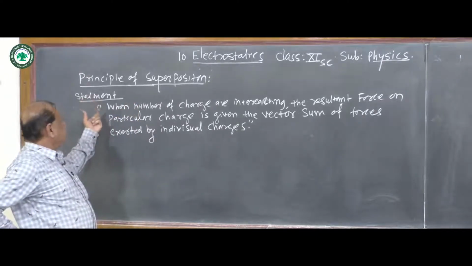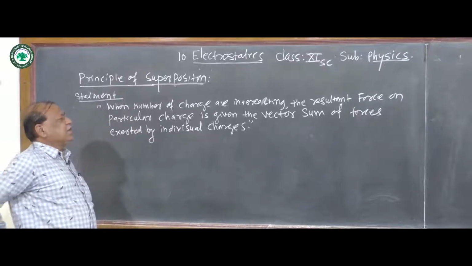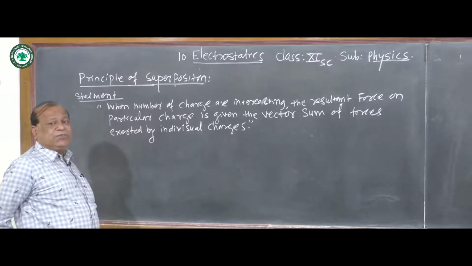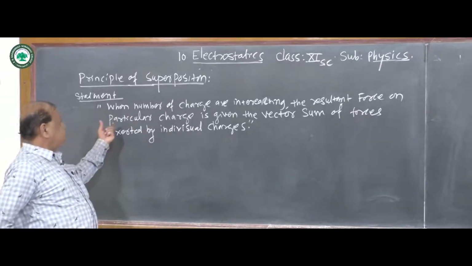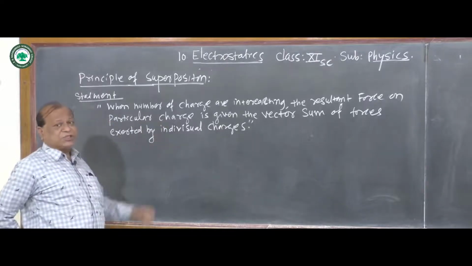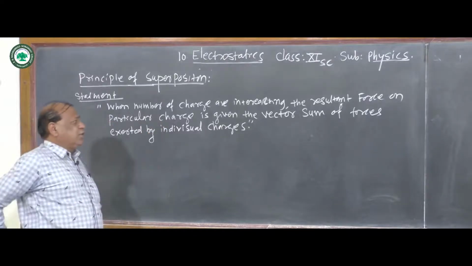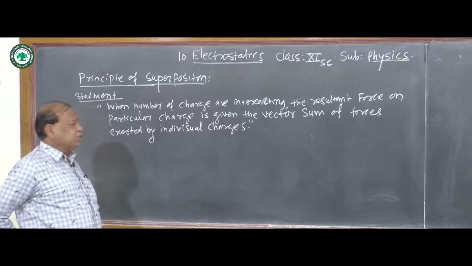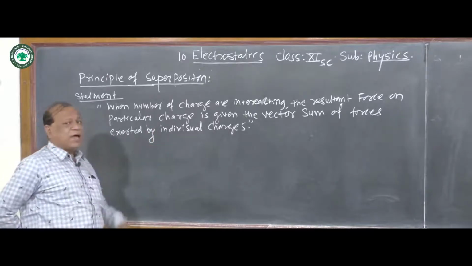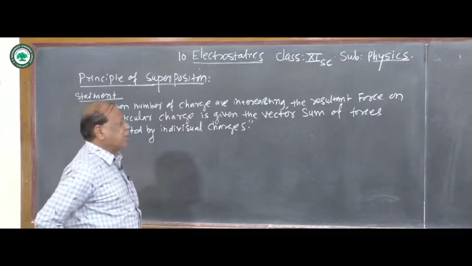What is the statement? When a number of charges are interacting, the resultant force on a particular charge is given by the vector sum of forces exerted by individual charges.